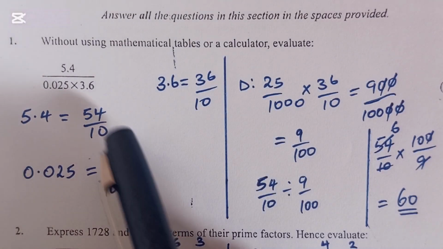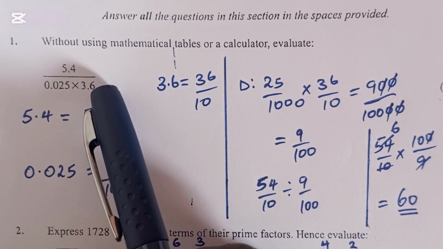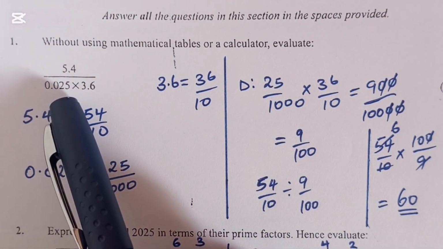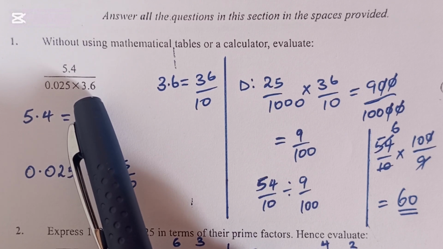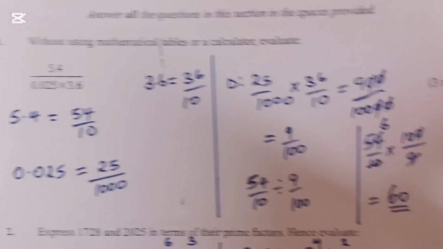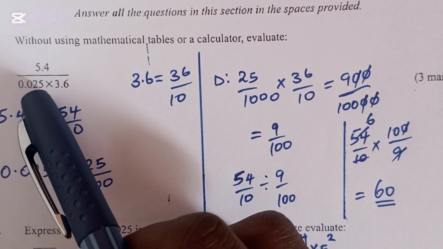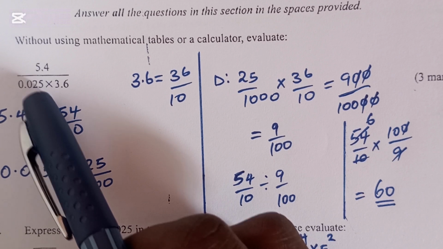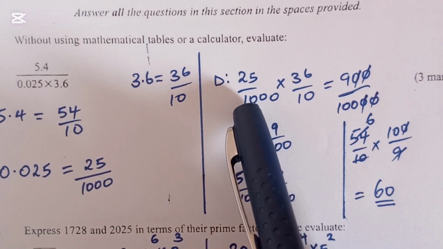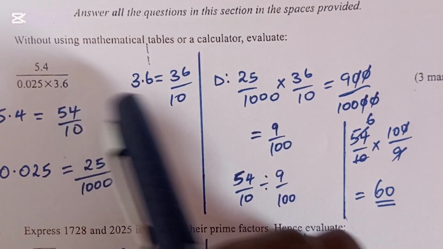And then we work out the denominator part, which is 0.025 times 3.6. We can write it as 25 over 1000 times 36 over 10. By now we know where 25 over 1000 is coming from, because if we convert 0.025 from a decimal to a fraction, we get 25 over 1000.